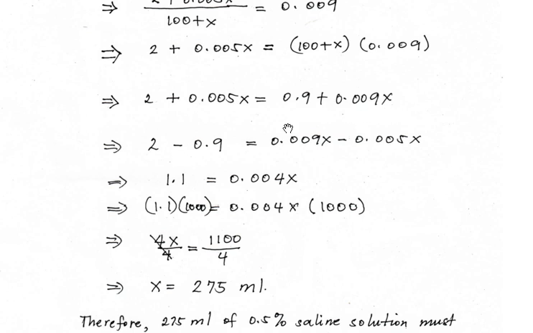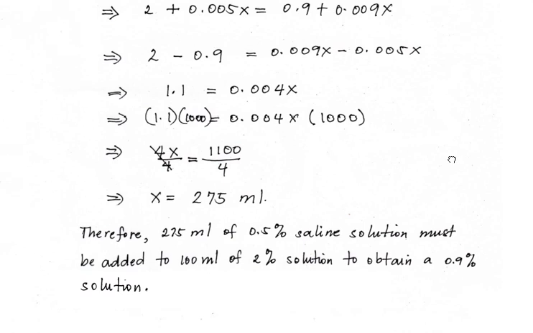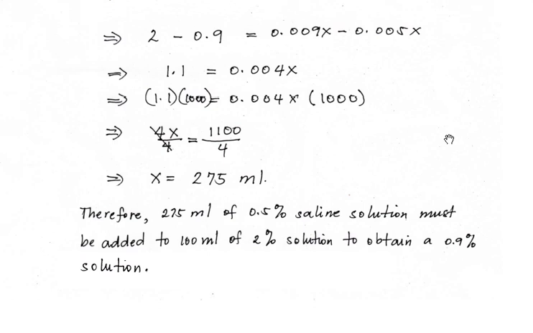Then we retain 2 here, then transpose 0.9, it will become negative, and equals 0.9% x minus the 0.5% times x. Then simplifying, 2 minus 0.9 is equal to 1.1, and subtracting these we have 0.004x.